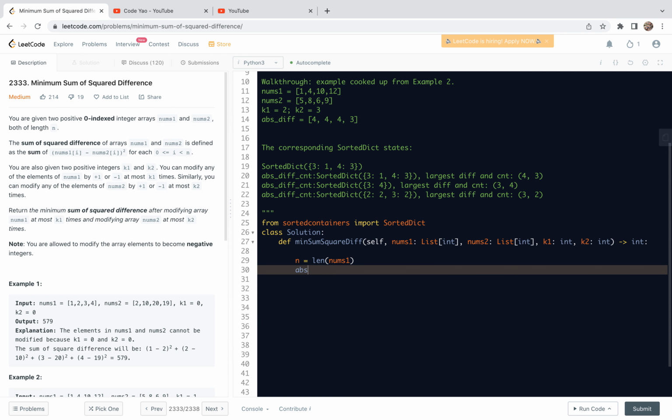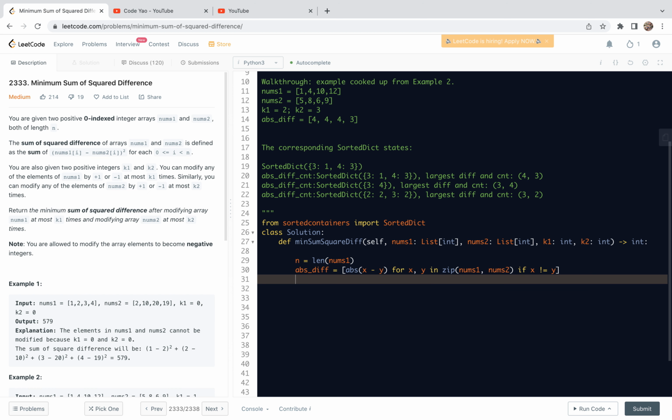And then let's look at the absolute difference. That's what we are interested in. So absolute value of x minus y for x, y in zip nums1, nums2.